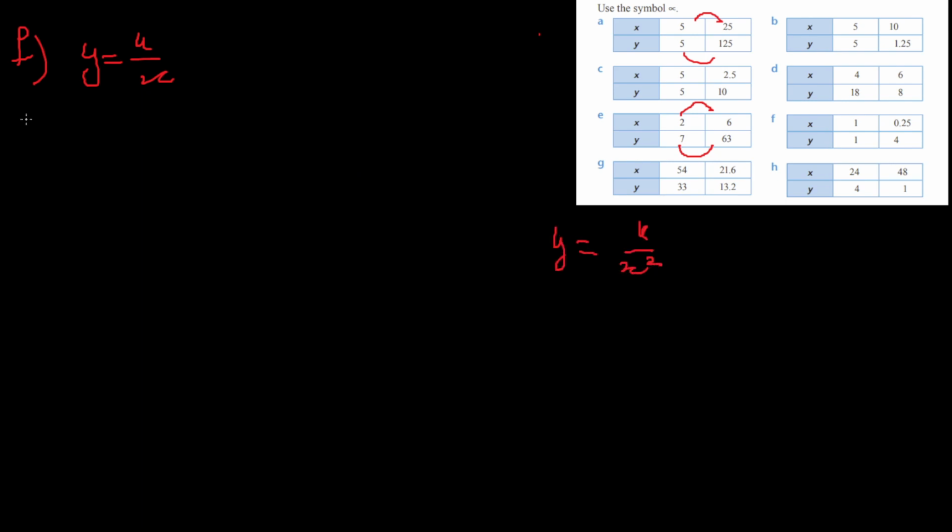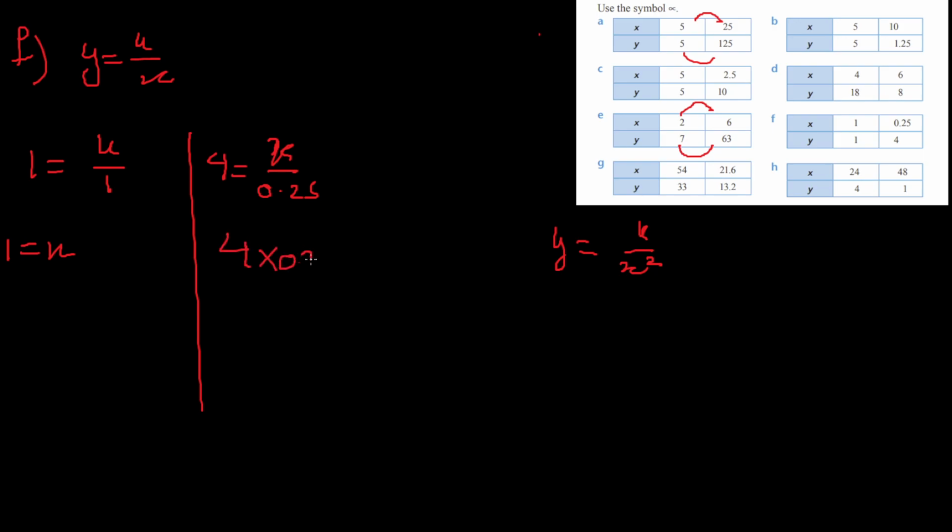Let's just plug down the values. 4 equals k times 0.25, so k equals 4 times 0.25, and in a calculator, we actually get 1.